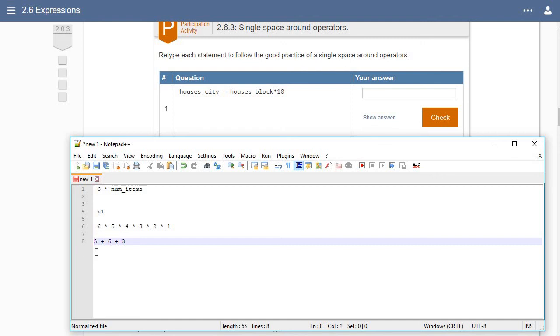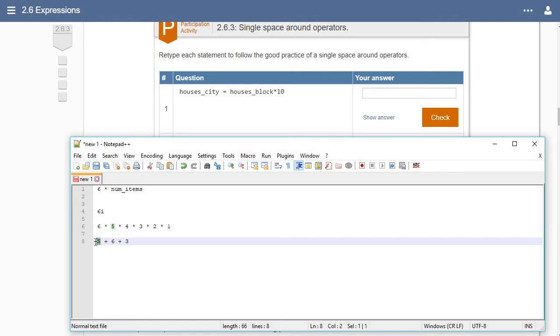If I wanted to subtract 5 first, though, I would not do it like this. I would not put negative, then a space, and then a 5, because I'm not subtracting 5 from anything. Now, I could say 0 minus 5 if I wanted, but that's more trouble. So what you do is you don't put the space here.